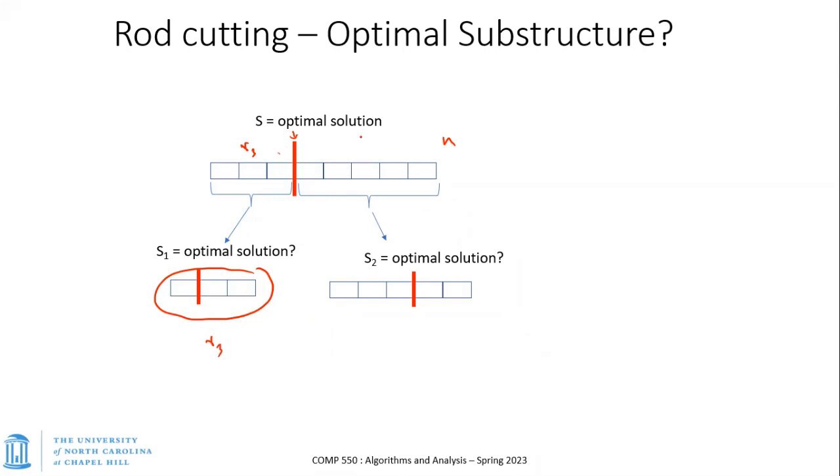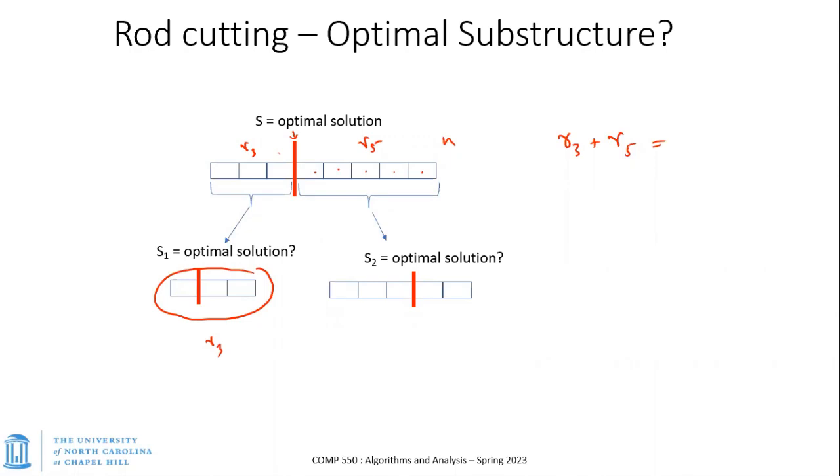So you're saying if let's say R3 and R5 were in fact the optimal solutions. R is the revenue generated from a rod, R3 from a rod of size 3, and R5 from a rod of size 5. If R3 and R5 are part of the optimal solution, then the question is, would the subproblem R3 that comprises the optimal solution itself be optimal or not?